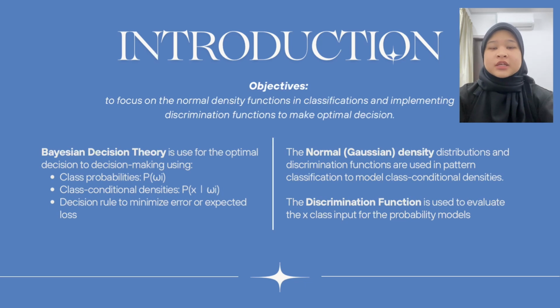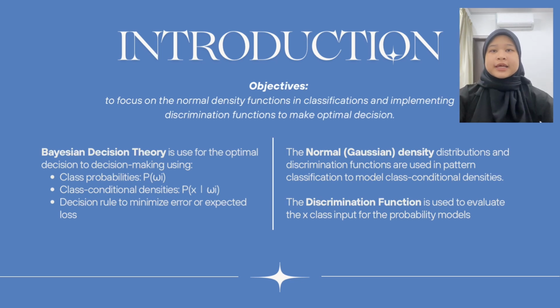So the objective is to focus on how normal density functions are used in classification problems and how discrimination functions help us make optimal decisions. For this topic, Bayesian decision theory plays a role to provide a probabilistic framework for decision making by focusing on three components, which are class probabilities, class conditional density, and also the decision rule.